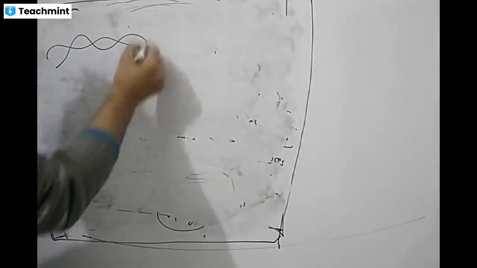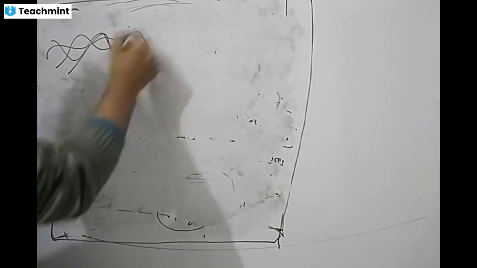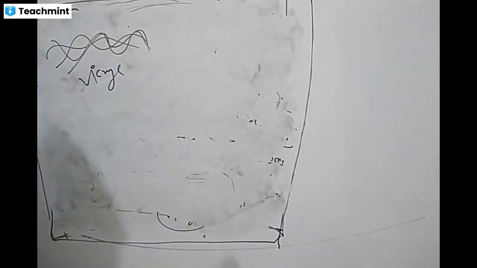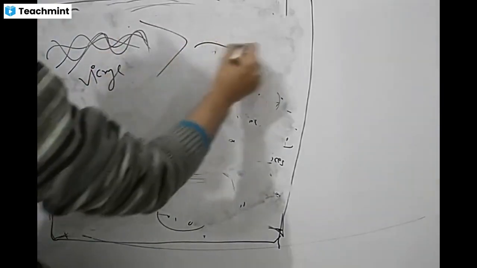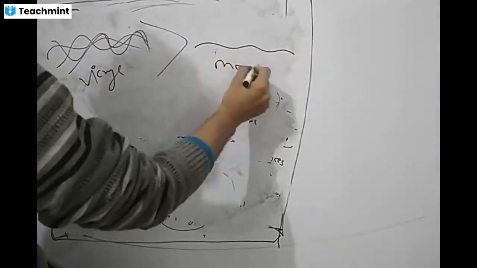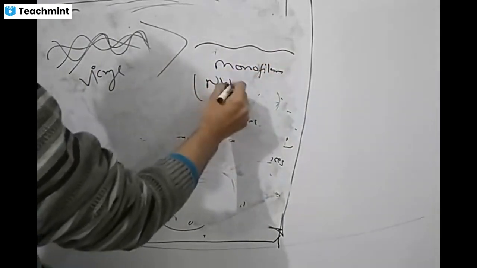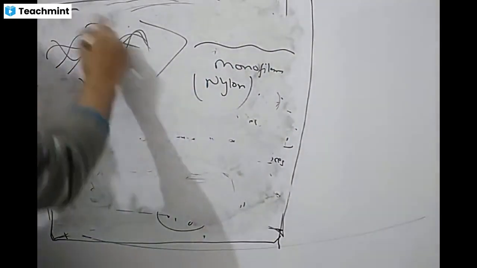These are multiple strands of your Vicryl, and this is a monofilament, your nylon. So out of these two, which has better knot security? That is your Vicryl.